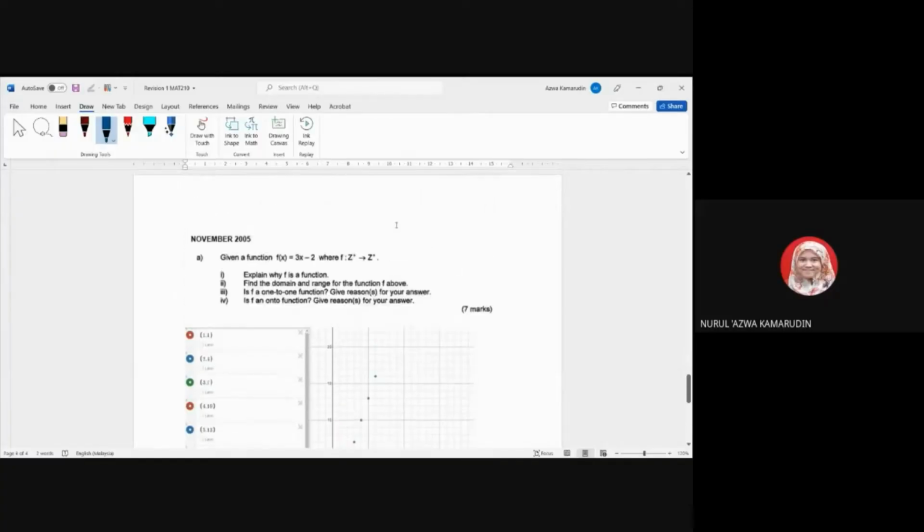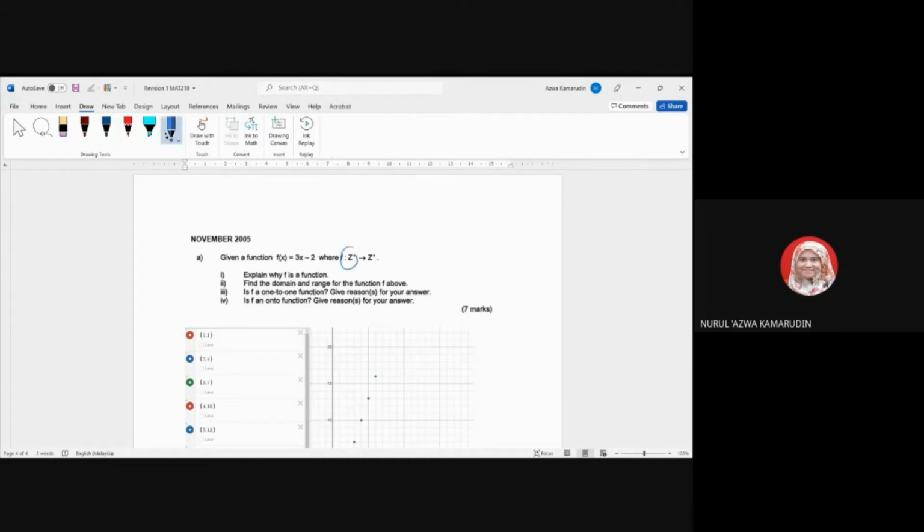Last question, November 2015. This is 3x minus 2, but you have to be careful. This one is not R. The domain is not R, and also the codomain is not R. This is Z positive.